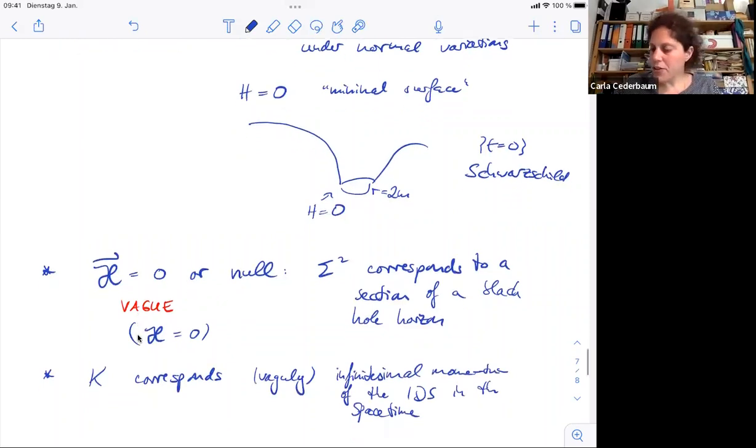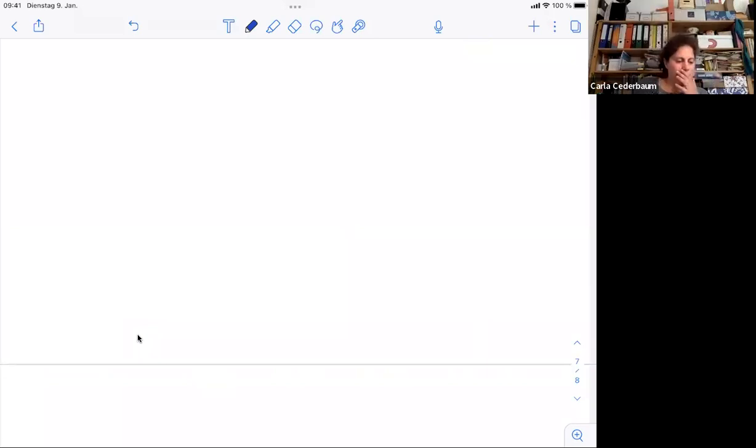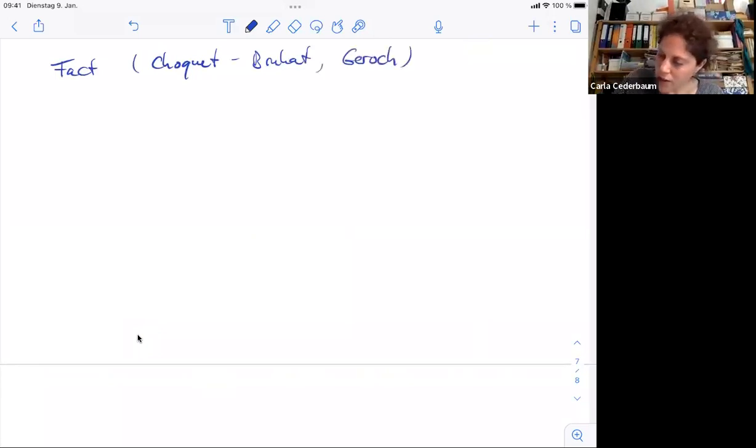Now let me jump back to something I already mentioned. There's an important theorem due to Choquet-Bruhat, and another important theorem due to Yvonne Choquet-Bruhat together with Geroch, and also since then to many other authors in other gauges and other regularities and other metamodels.